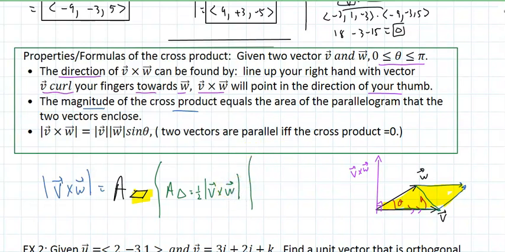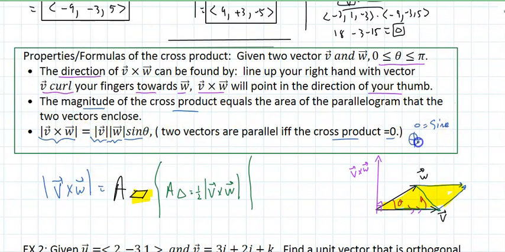And lastly, the magnitude of V cross W is the magnitude of V times the magnitude of W times the sine of theta. The dot product uses the cosine, the cross product uses the sine. Two vectors are parallel if and only if the cross product is 0. Think about it. If I get a 0, doesn't that mean the sine of theta equals 0?